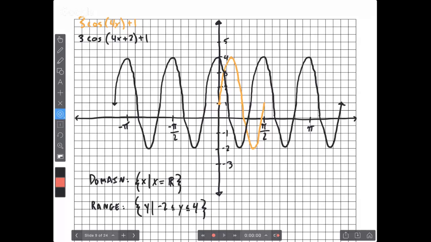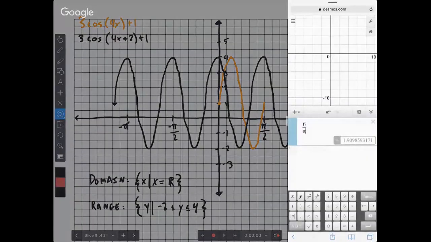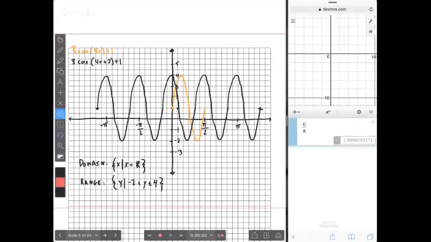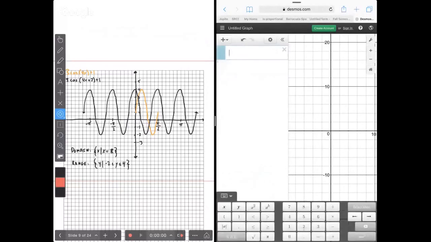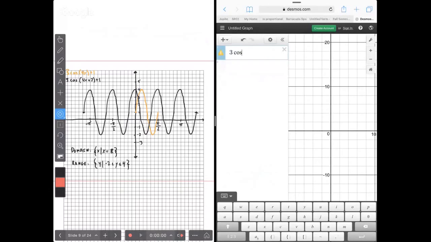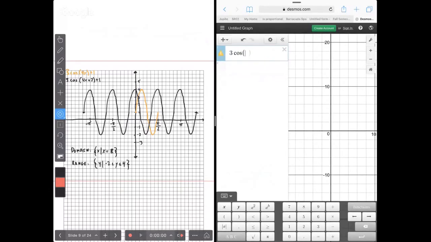If we want to check in Desmos, which we were supposed to do for the problem anyway, we can kind of watch that happening graphically. So we can say, here was the original function, 3 cosine of 4x plus 1.